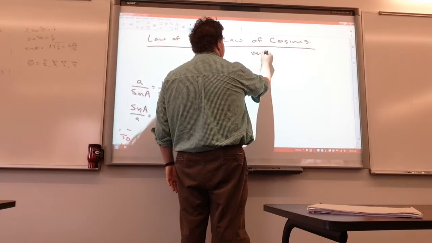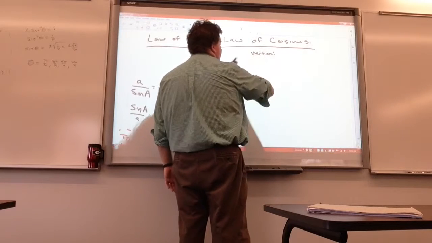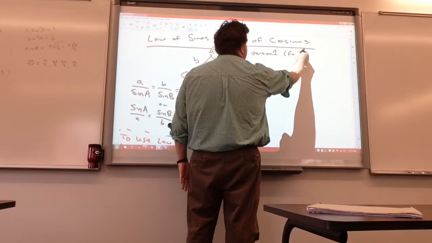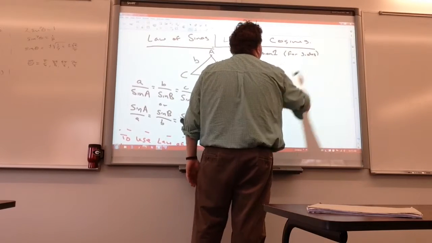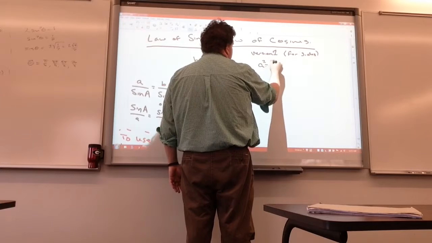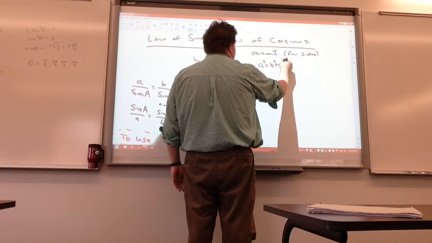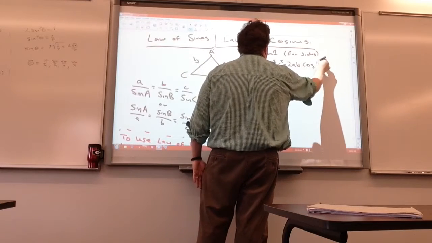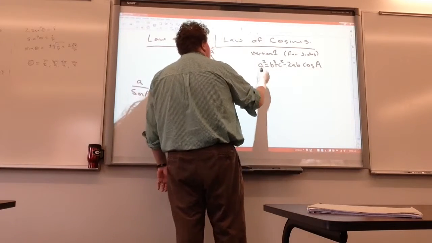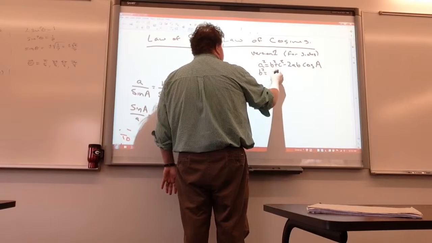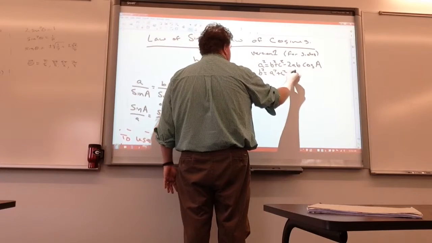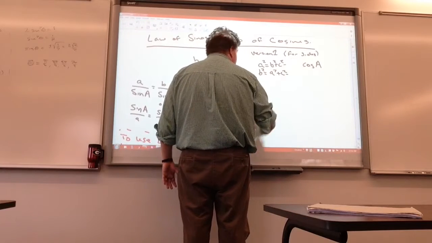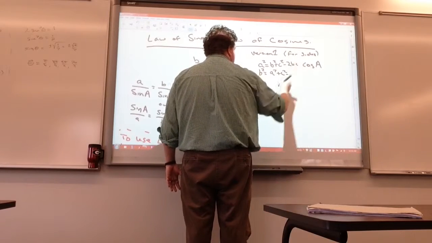Version 1, you can think of this as 4 sides. It's the standard a squared is equal to b squared plus c squared minus 2bc cosine of big A, okay? I'm messing this up, it's 2bc, excuse me.